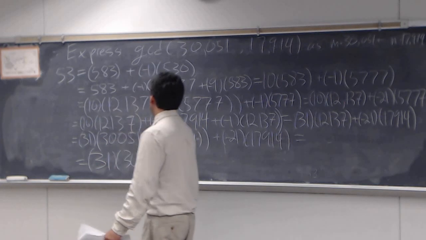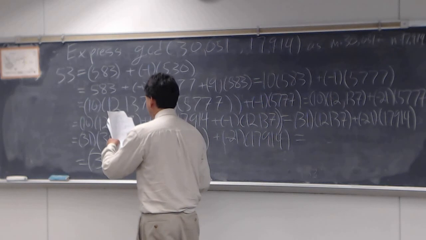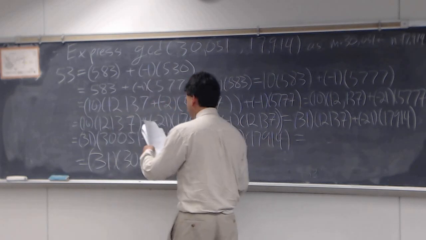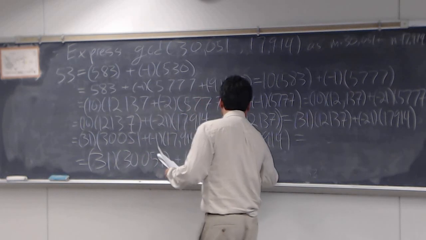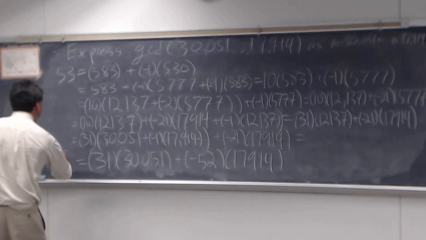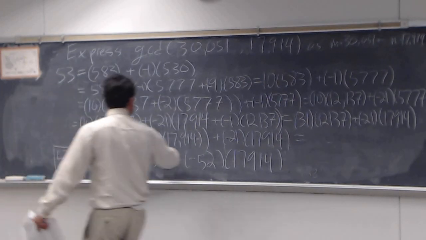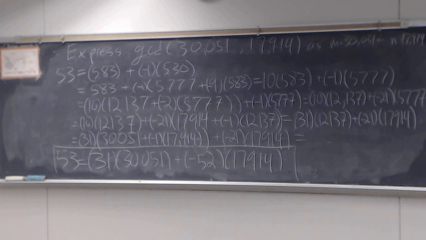Then we have a negative 31 plus a negative 21. That would give us a negative 52. And this equals 53. So what this Euclidean algorithm does is not only give us a way to find the greatest common divisor of two integers, but it allows us to express it as a linear combination.